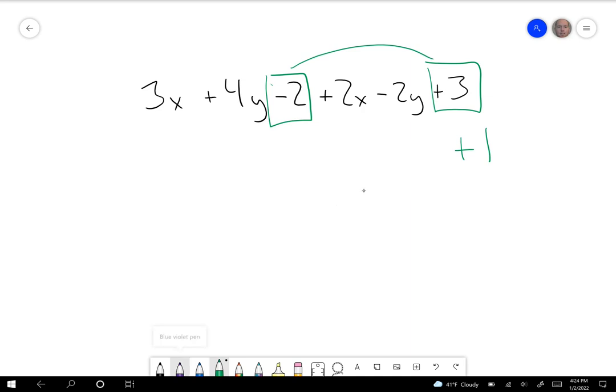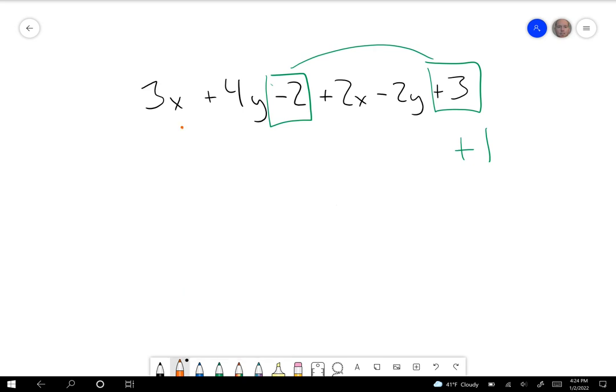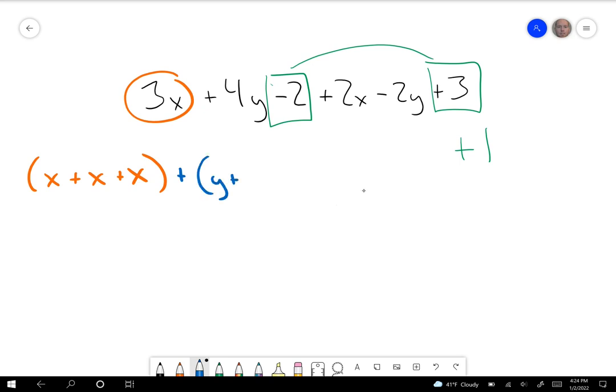Then we're going to take our 3x and we know that is the same as x plus x plus x. And we're going to keep going with that same thinking as we get to our 4y and say that that must be y plus y plus y plus y.